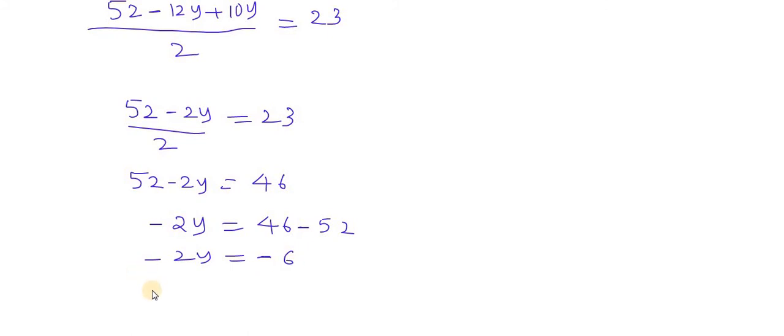Both on the left hand side and the right hand side we have minus, so cancel it. Then y equals 6 by 2, therefore y equals 3. Is it clear? So we got y equal to 3.